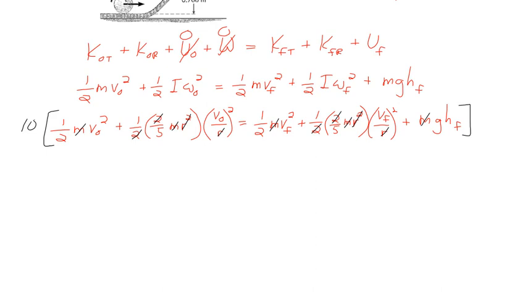So with the first term, I'm going to get 5 VO² plus 2 VO² equals 5 VF² plus 2 VF² plus 10 GHF.